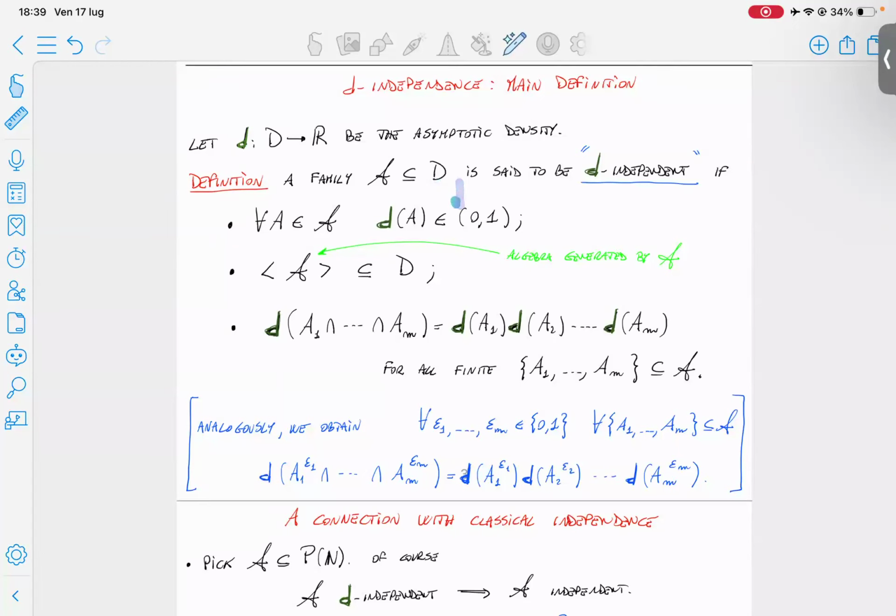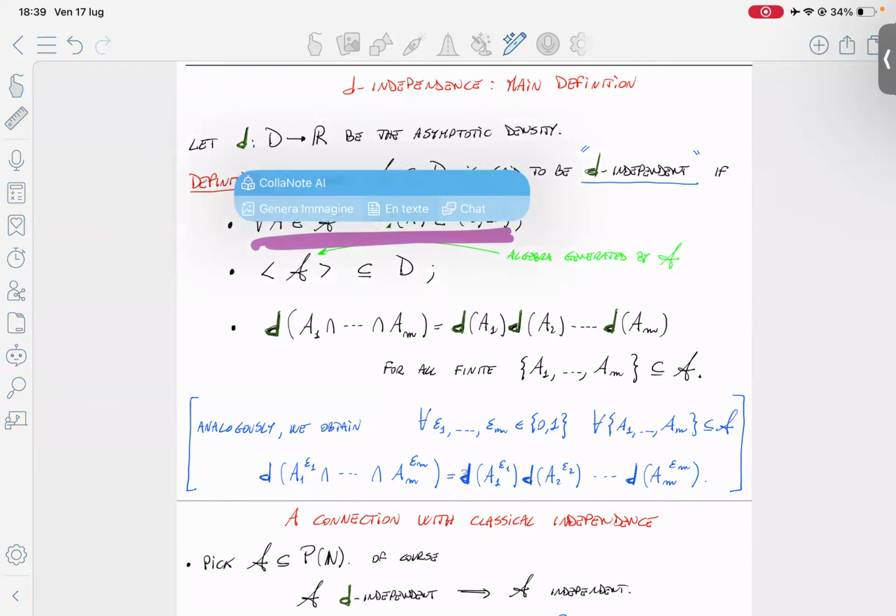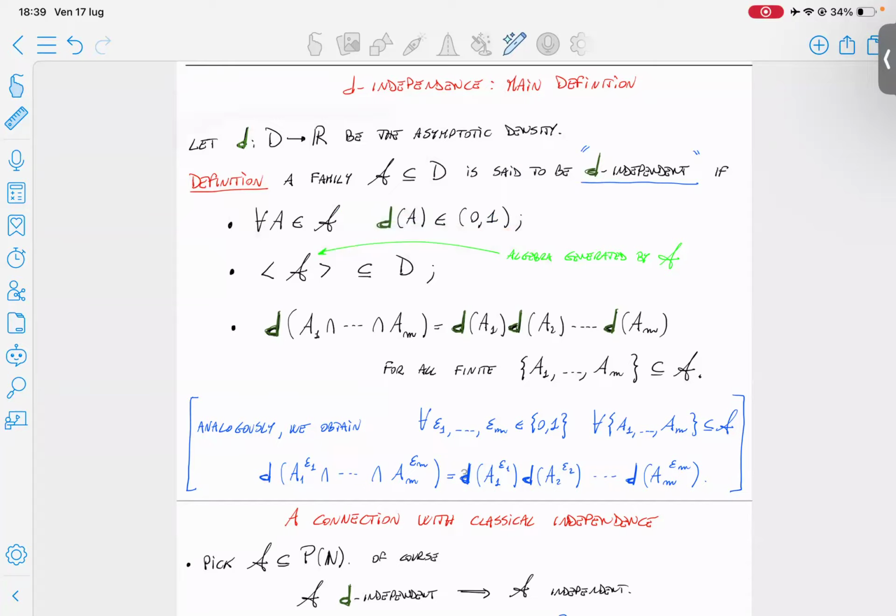First of all, we didn't have 0 and 1 in property number 1 only because if you had a set with asymptotic density 0, then of course here you would have 0 and here you would have 0. So in any family, you can add a set with density 0 and this property is always verified. And we removed 1 for symmetric reasons.